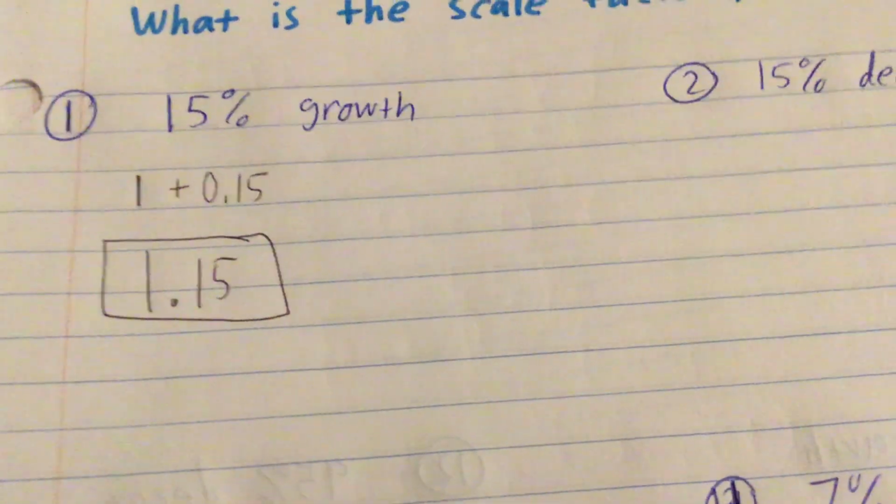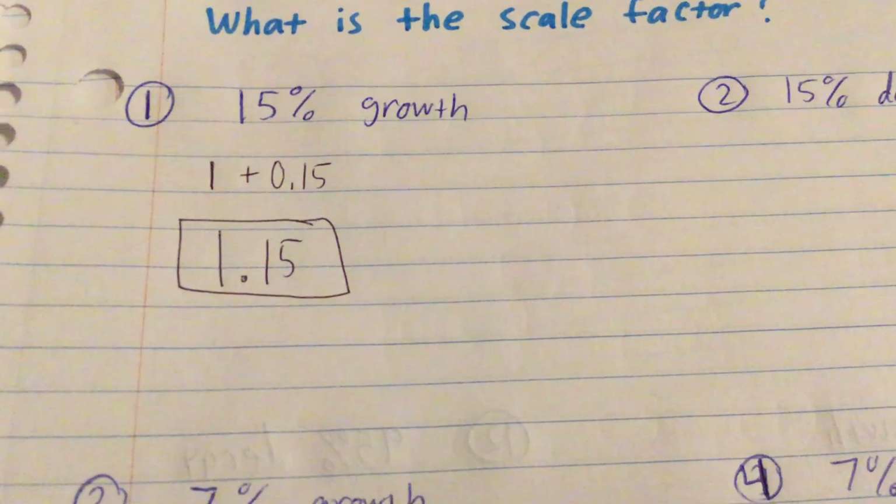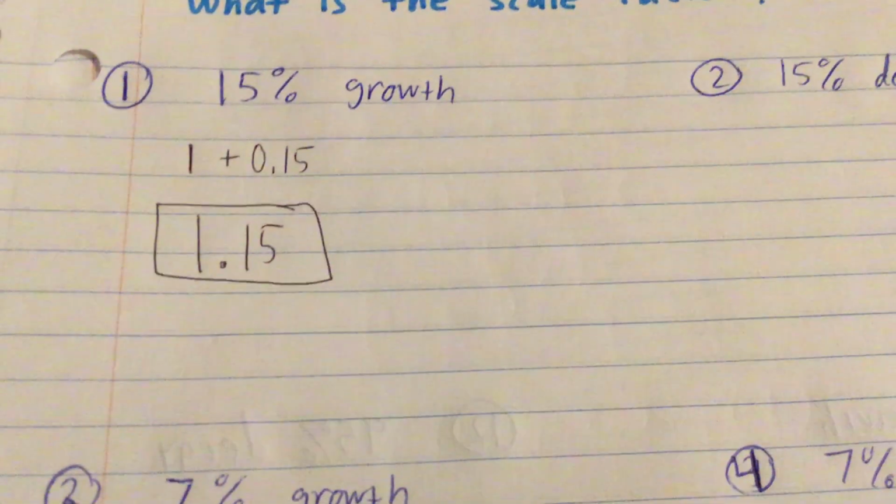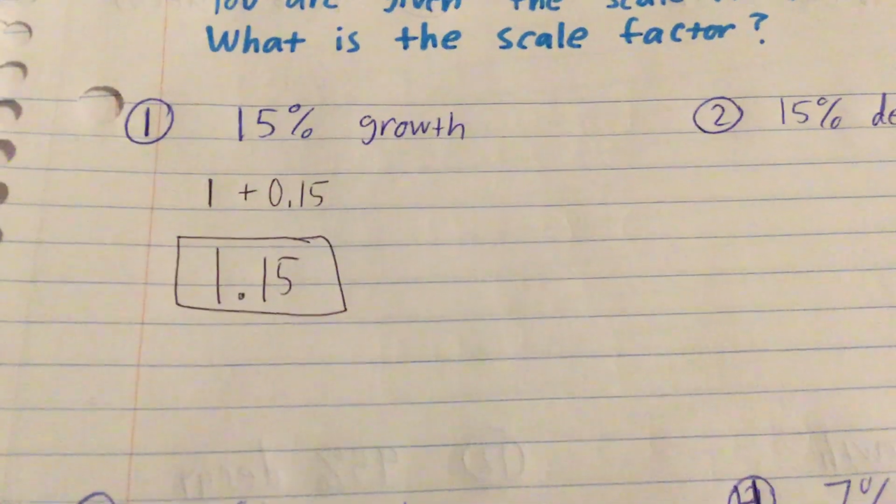Yeah, so what we do is we basically say, hey, 1 plus the decimal, 15% is 0.15. So my scale factor is 1.15. So if something is growing by 15%, I would multiply that original amount by 1.15 to make my life so much easier.